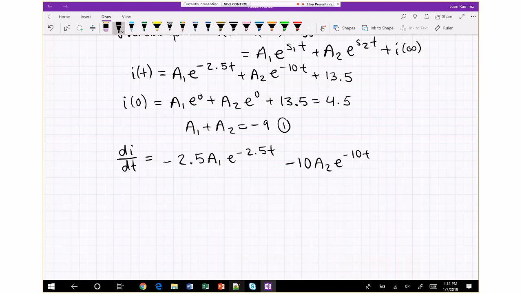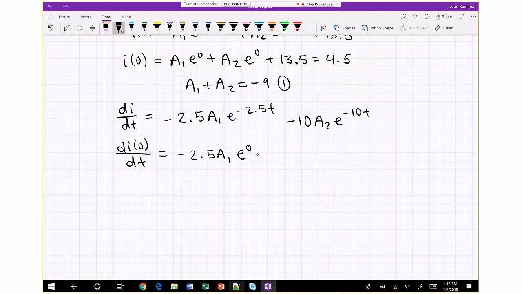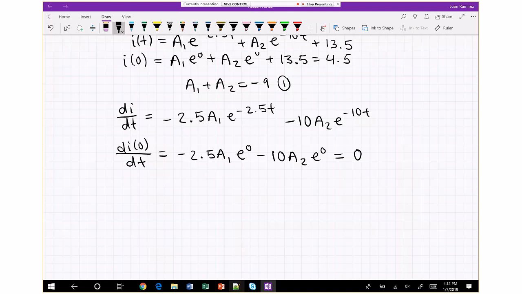Initial condition, plug in 0 for values of t, and set it equal to, not the final value, but rather what the dI/dt was equal to right after the transition, which was 0, if we look back. dI/dt right after the transition was equal to 0.